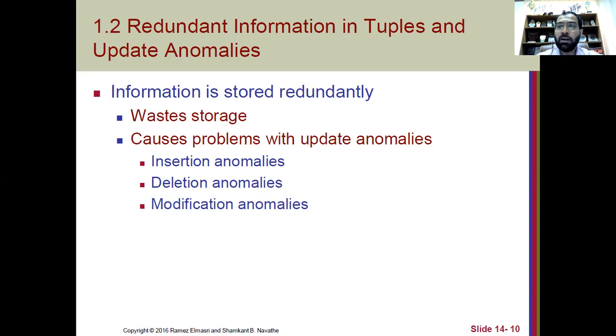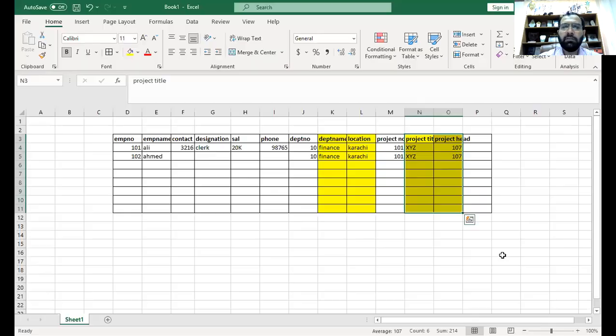Before removing an anomaly, those anomalies have to be identified first. So how do you identify those anomalies? You can identify them in three ways: either the anomaly is an insertion anomaly, a deletion anomaly, or a modification anomaly. I just want to represent these facts with a demonstration.